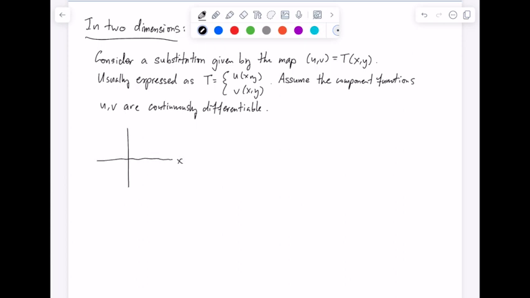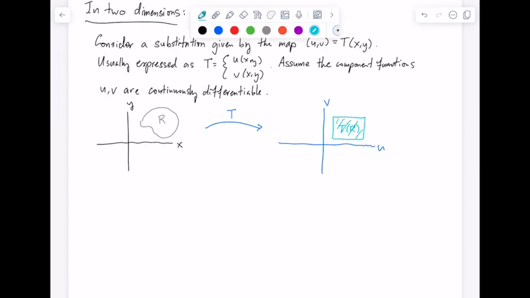We can now draw our region R in x and y, and also the region that it maps to in the uv plane, which is designated T of R. The region that it maps to is going to be called the image of our transformation.